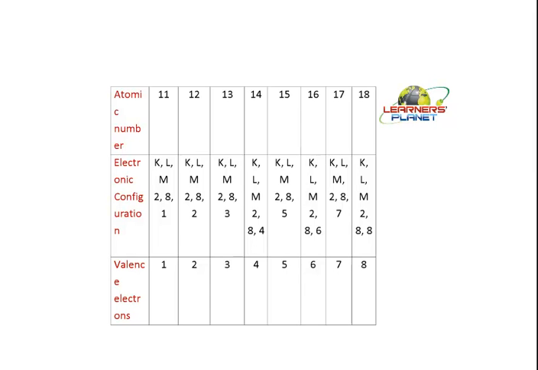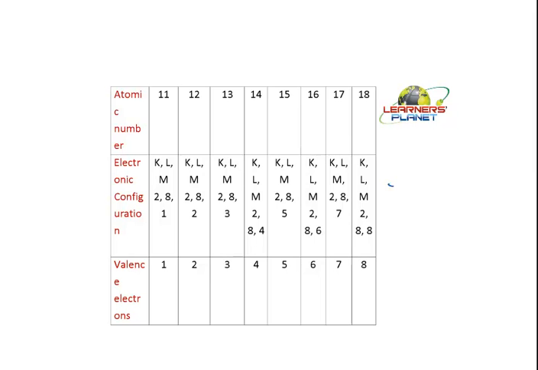And the electrons are increasing in the same shell. Look here, it is the K, L, M shells. In the M shell only there was 1 electron. In the M shell only there were 2 electrons. In the M shell only there became 3. In the M shell only there became 4. And in the M shell only there became 5. So likewise, where are the electrons increasing along the period?